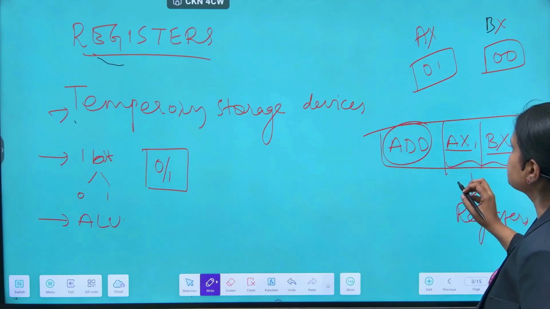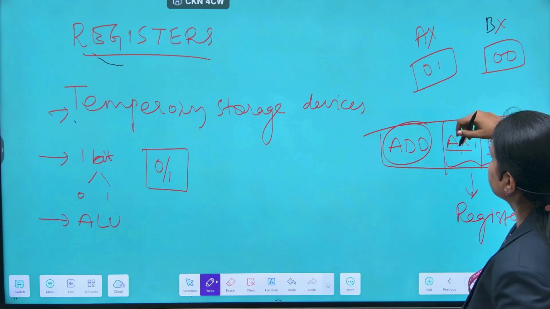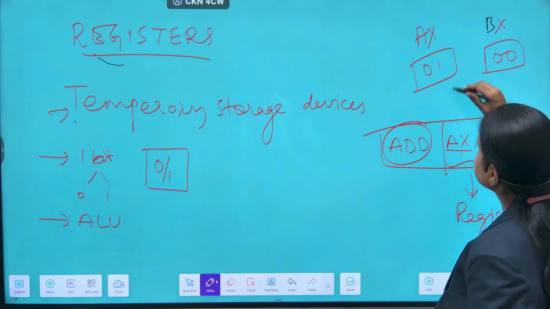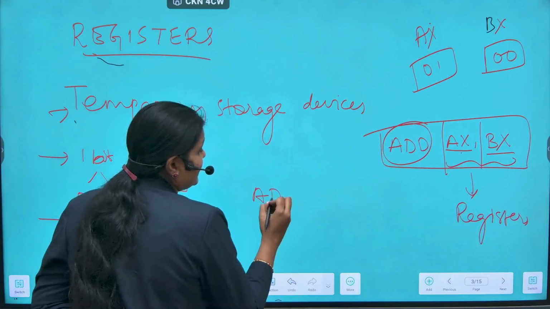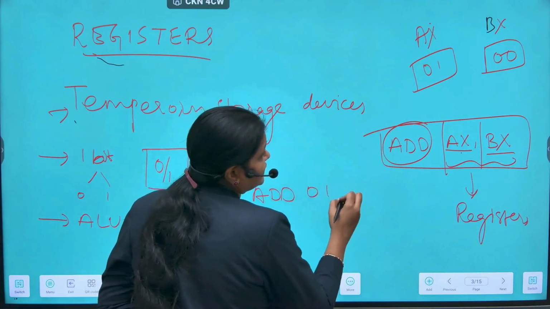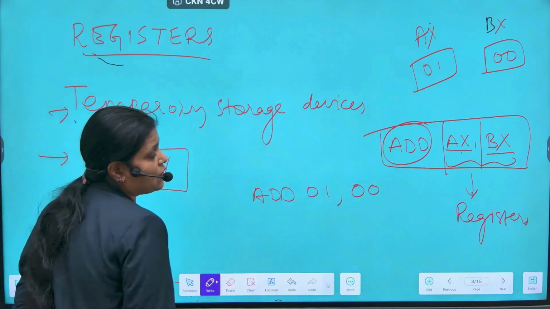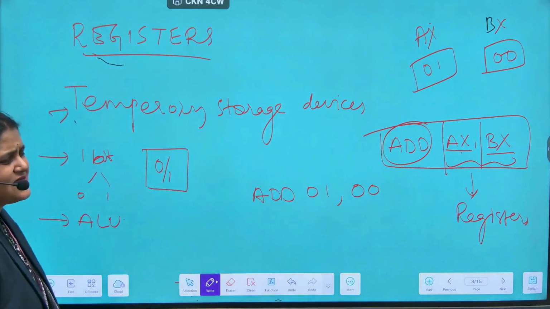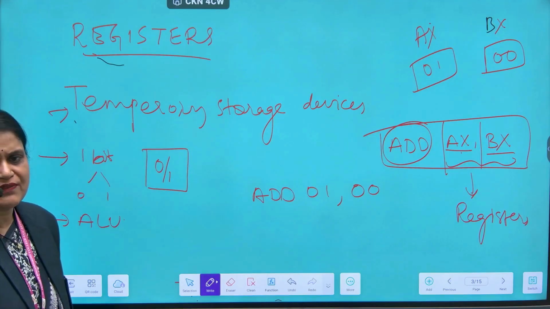The processor first goes to register AX, fetches the data from there, that is 0 1 and 0 0, and then performs the operation on this. So registers are temporary storage devices.